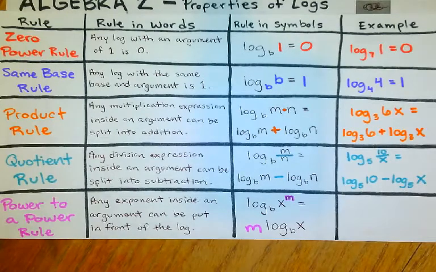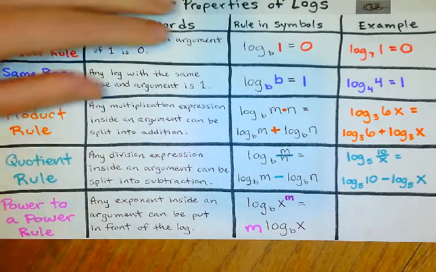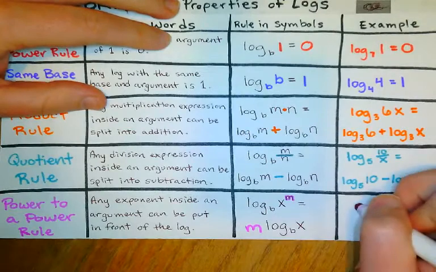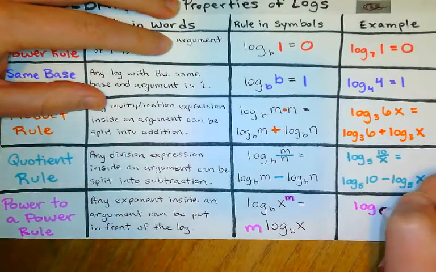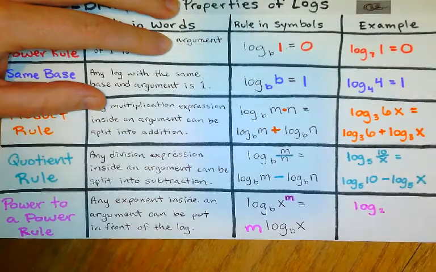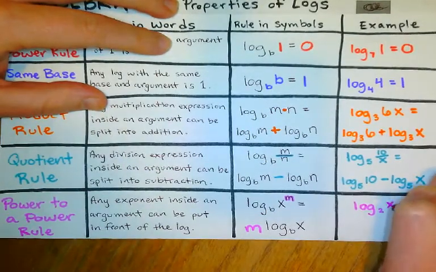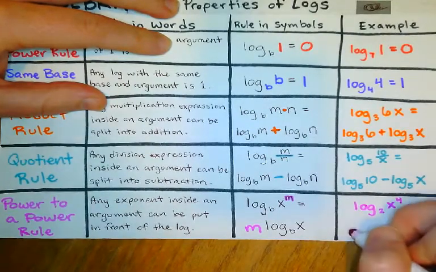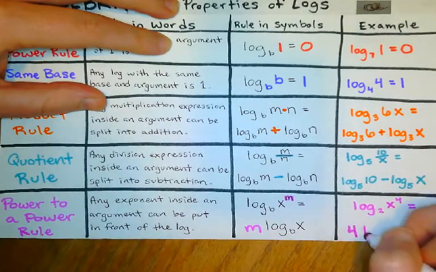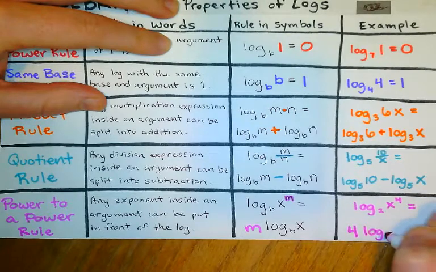So our example is, let's say we've got log base 2 of x to the 4th. We can change this to put that 4 out front and then write our log base 2 of x.